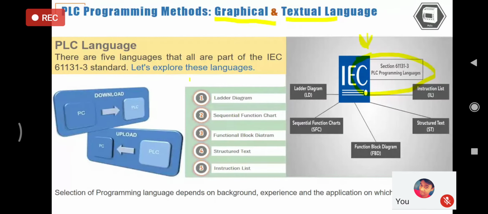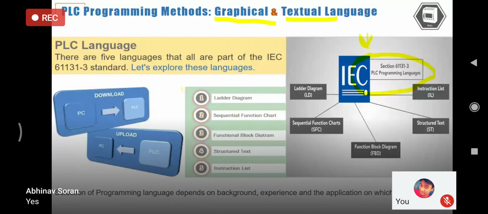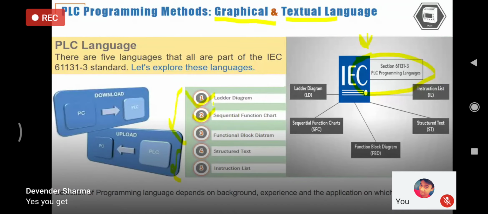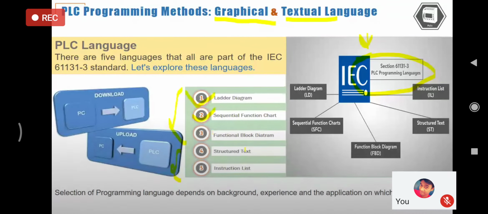So here we can define that two classifications can be done. The first one is graphical type and the second one is textual type, and these are further divided into sub classifications. The graphical form includes the ladder diagram, sequential function chart, or SFC, and the third one is the functional block diagram.